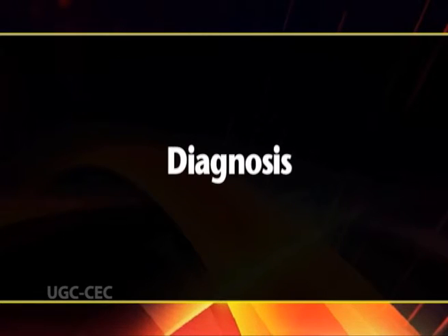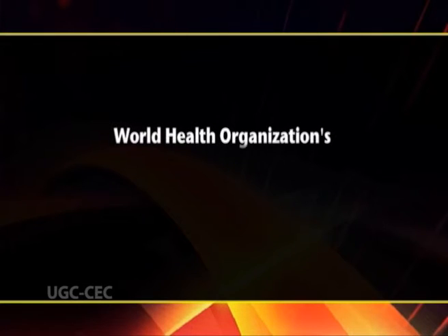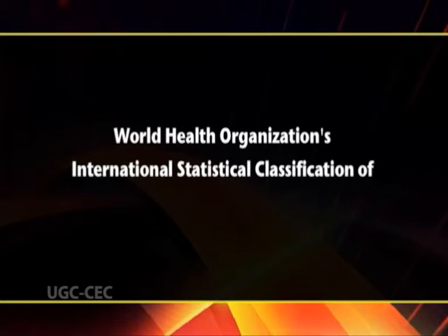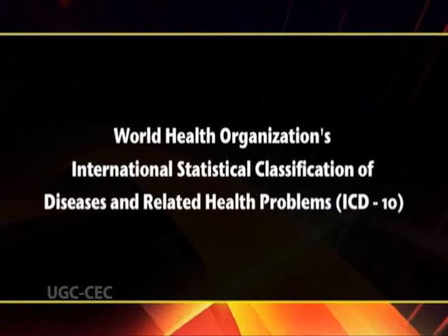Now its diagnosis. Schizophrenia is diagnosed based on criteria in either the American Psychiatric Association's 5th edition of the Diagnostic and Statistical Manual of Mental Disorders, that is DSM-5, or the World Health Organization International Statistical Classification of Diseases and Related Health Problems, that is ICD-10.